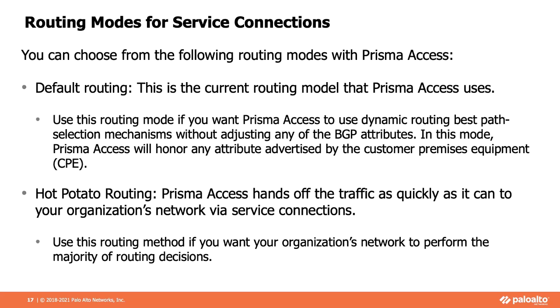The second option is what we call hot potato routing. In this case, Prisma Access hands off traffic as quickly as it can into the customer's network to try to get the session down the closest corporate access node.